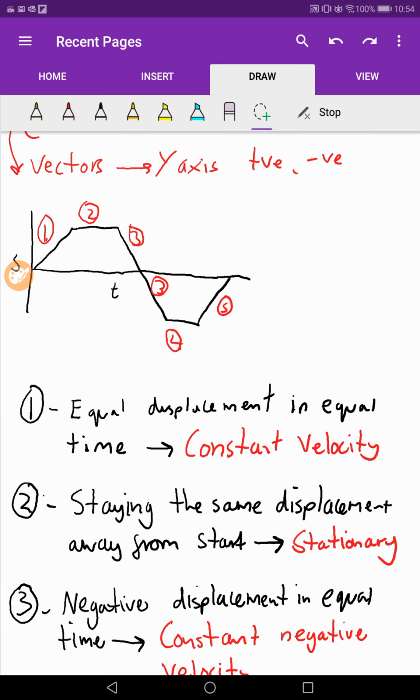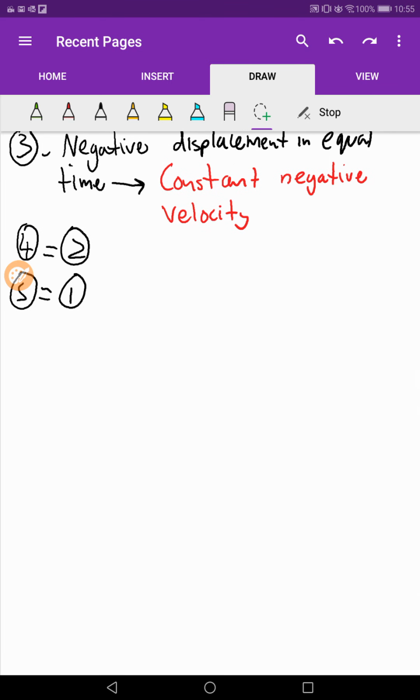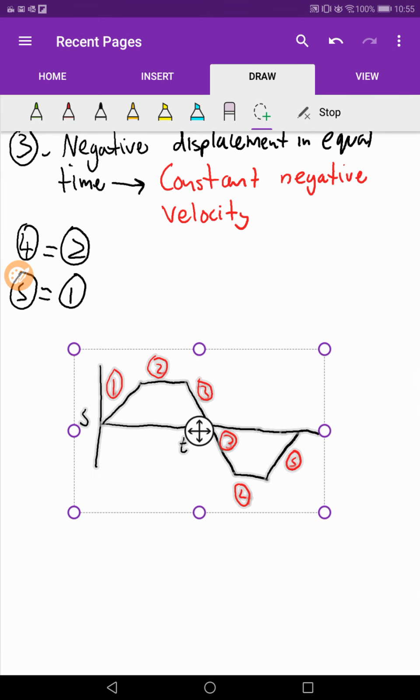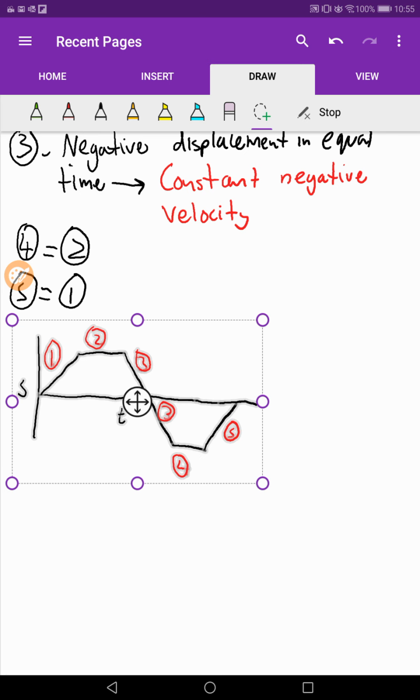Try once more. Going to copy this graph down here, so we've got, there you go, done it. Learn how to use some new technology today.